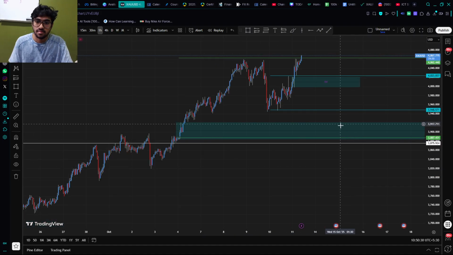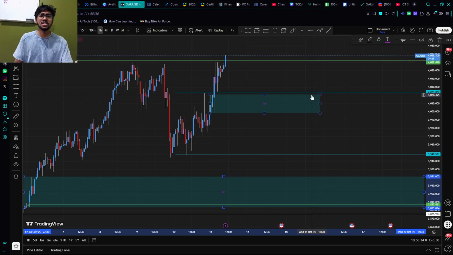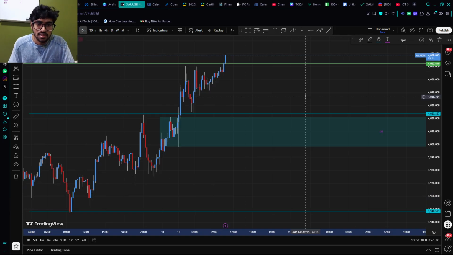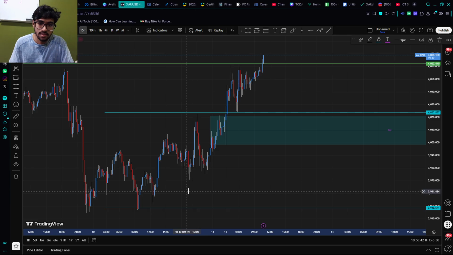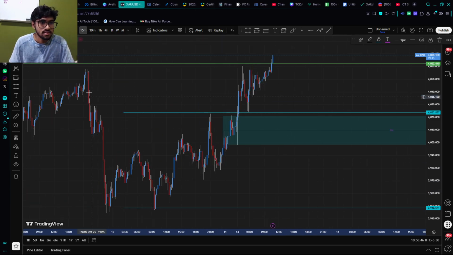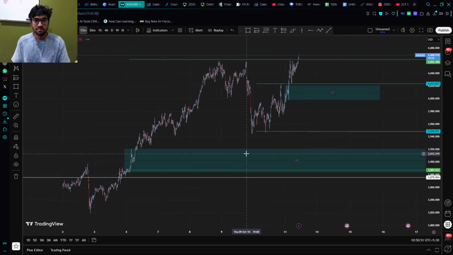Let me just mark it out on the 4 hour, 1 hour. On the 1 hour, we can see this. Let's go into the 15 minutes. It's been tapped already. Interesting. That is it actually. Trading is going to be pretty simple. The bias is very much on buy.